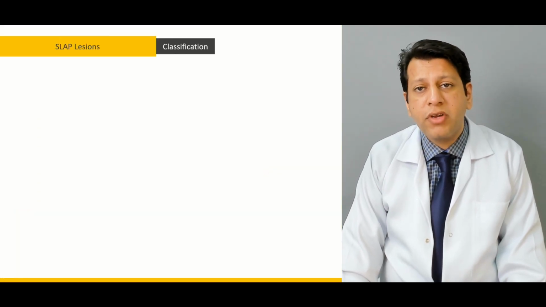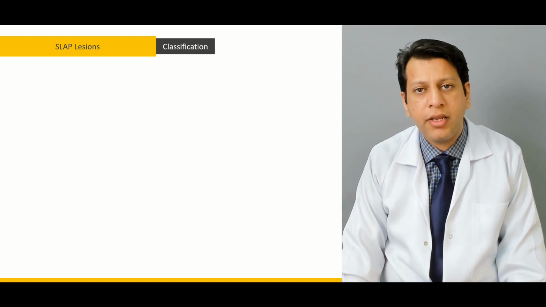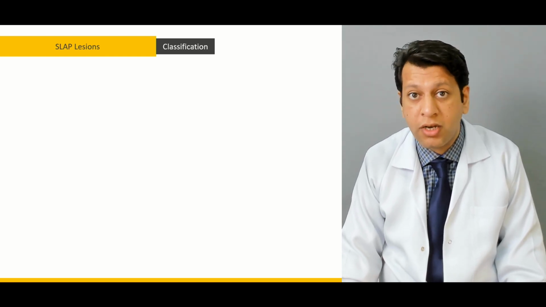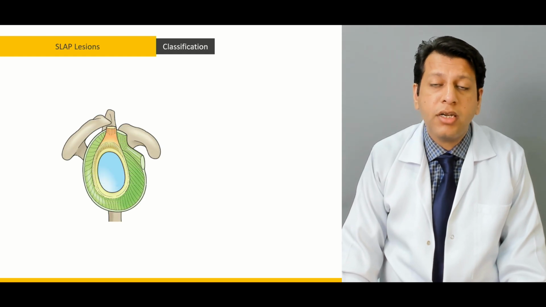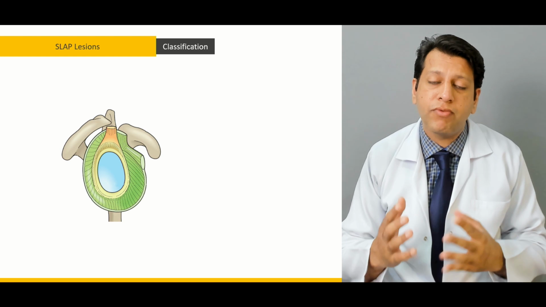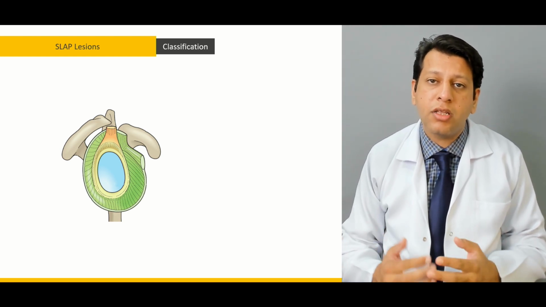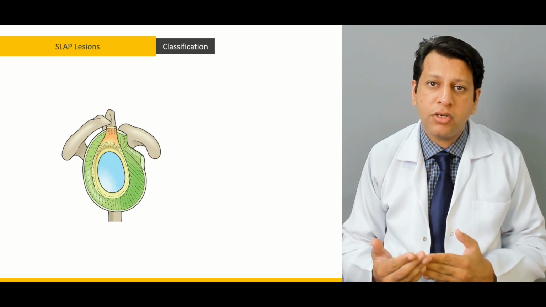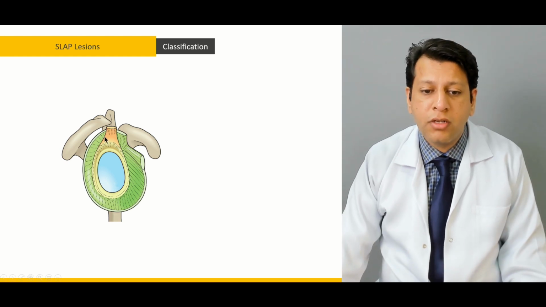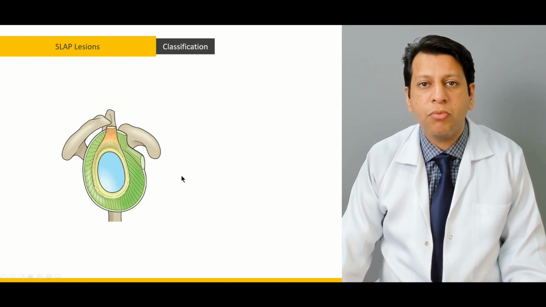This classification has been modified, and now there are 5, 6, 7, 8, 9 and even a 10th type as well. Further modification was done when type 2 may be associated with certain other lesions, such as superior labral anterior posterior lesions, along with tears that are primarily more posterior or more anterior.